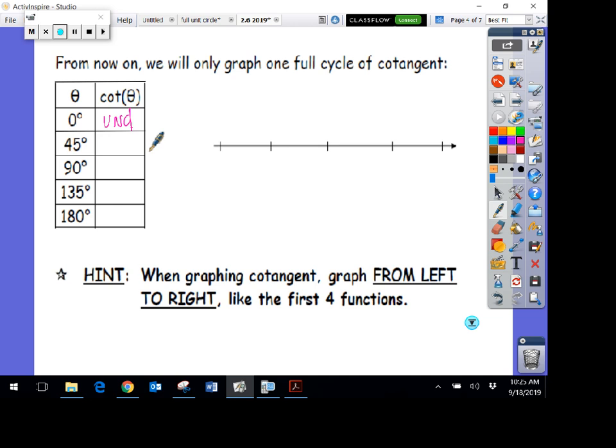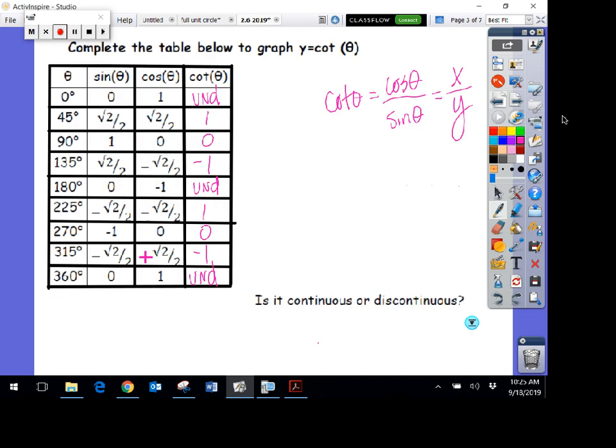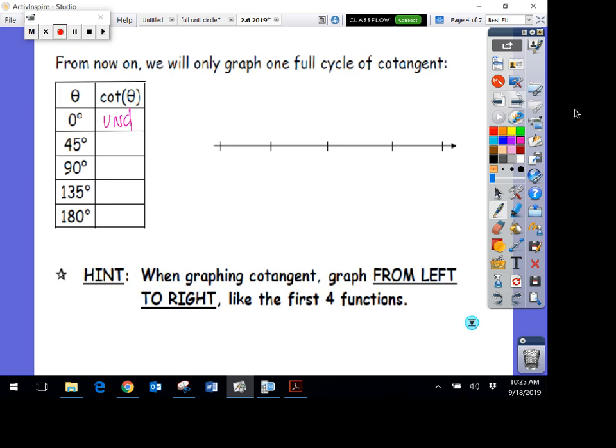The cotangent of 45 degrees is 1. 90 degrees, 0. 135, and I'm just getting this off that table that we just filled in. And then at 180, we're undefined.